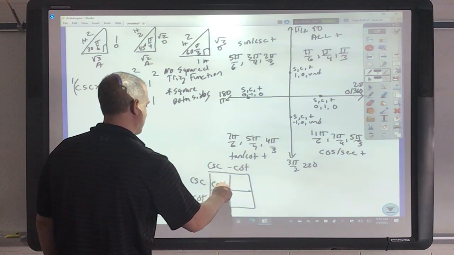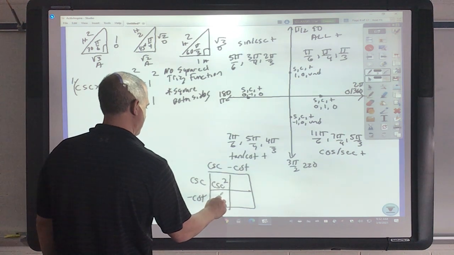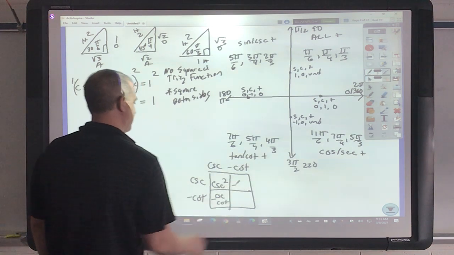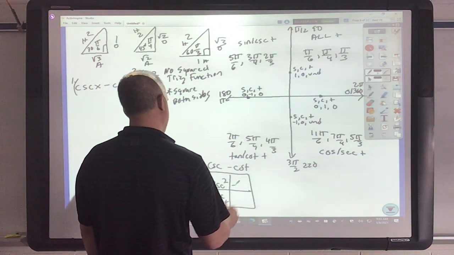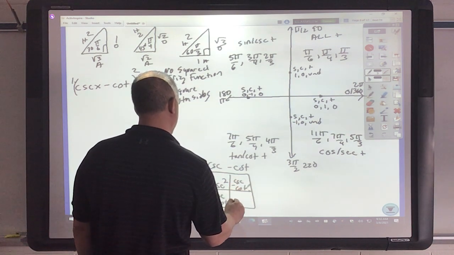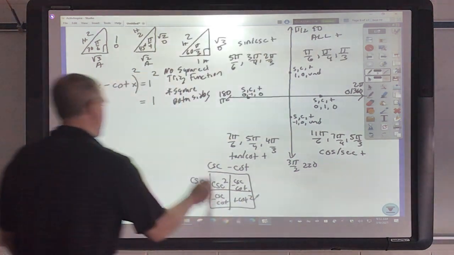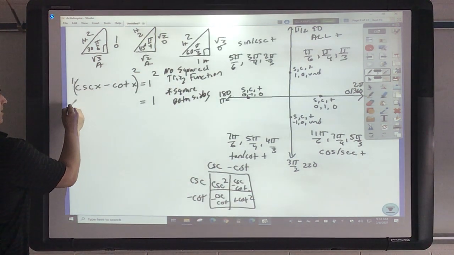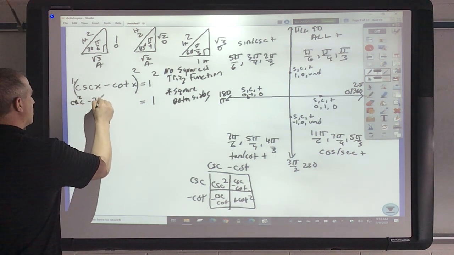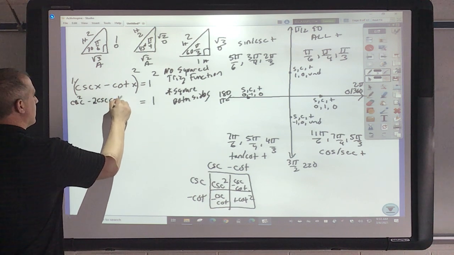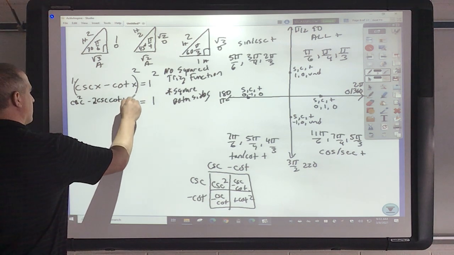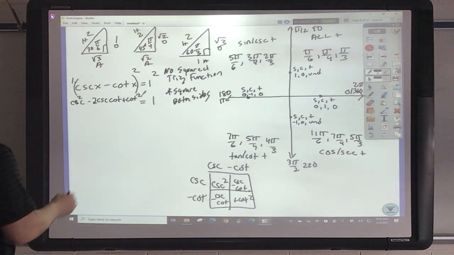So that'd be cosecant squared minus cosecant and cotangent, minus cosecant and cotangent, and plus cotangent squared. So what this turns into is cosecant squared, minus 2 cosecant cotangent, plus cotangent squared, equaling 1.